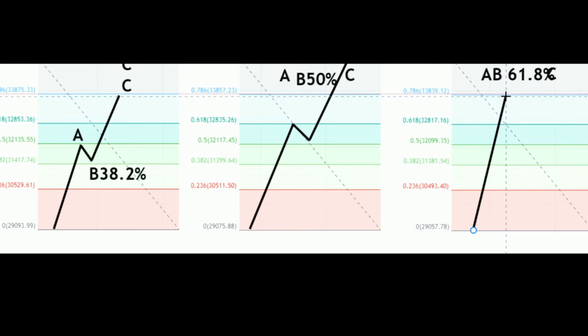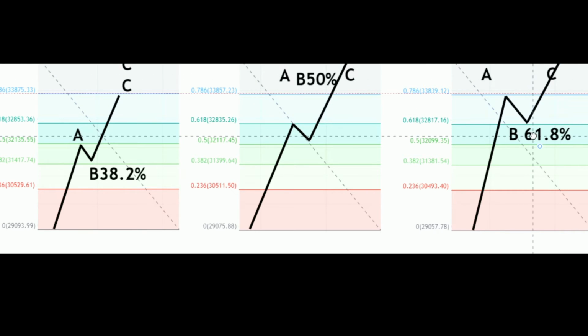After 0 and 1, each number is the sum of the two previous numbers. A number divided by the previous number approximates 1.618. The approximation approaches 1.6180 as the numbers increase.